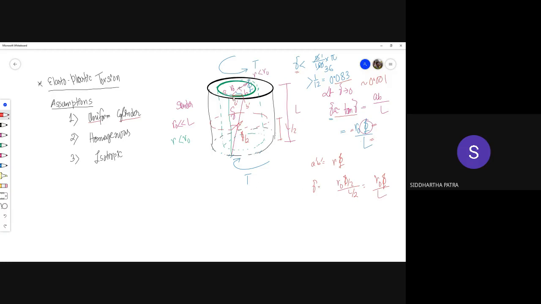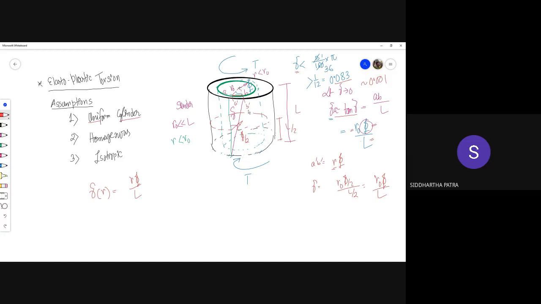It's only when you change the radial position within the cross section that you get a different expression for the gamma. Now we are writing the shear strain as a function of radius, and that just turns out to be r times phi.